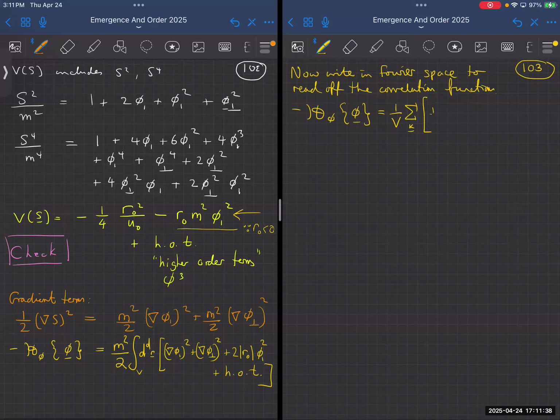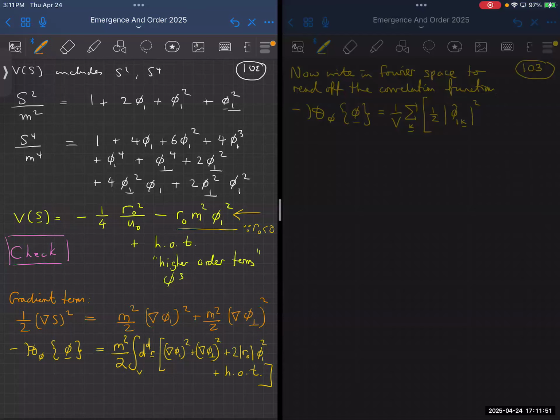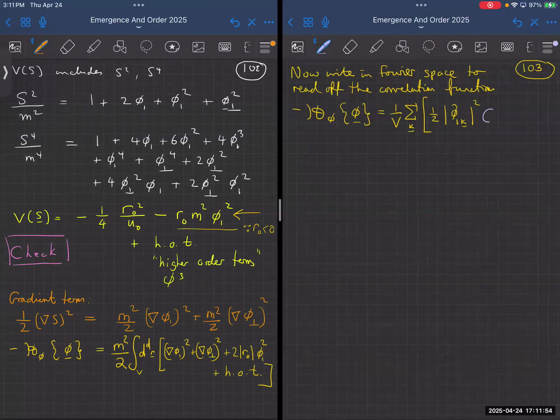And now we get 1/2 absolute value of phi 1 of k squared times some stuff, and I'm going to call that stuff G parallel 0 of k to the minus 1, plus 1/2 phi perpendicular of k squared times something, and that something I'm going to write as G perpendicular of k to the minus 1.